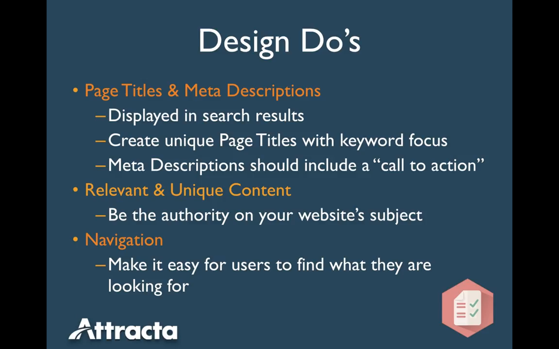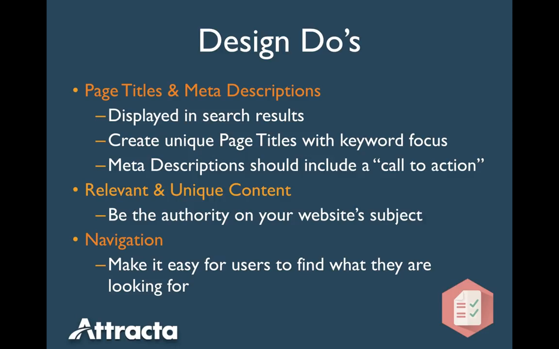So they should have a good keyword focus, because if you notice, the words that you search for in a Google query are returned to you in bold in the page titles that are displayed. That's why it's so important to optimize your page titles. And then the meta descriptions should just be a good, concise description of what that page is about. Maybe include a call to action to increase interaction with your result once it is returned in search.